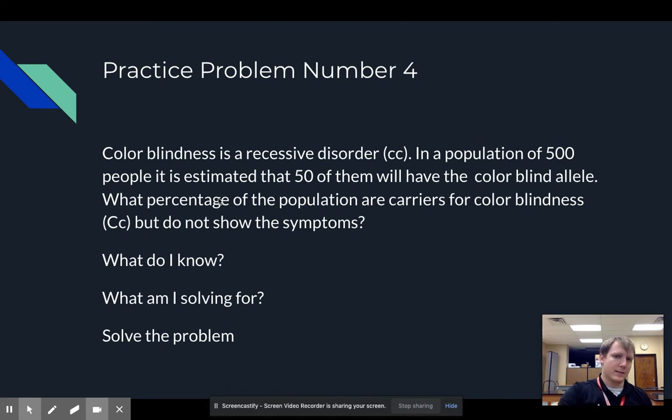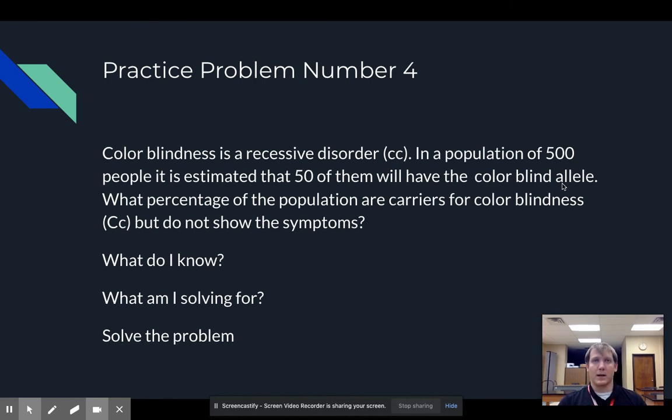Color blindness is a recessive disorder. In a population of 500 people, it is estimated that 50 of them will have the colorblind allele. So 50 out of 500 is equal to what? In this case, they tell us specifically the colorblind allele.